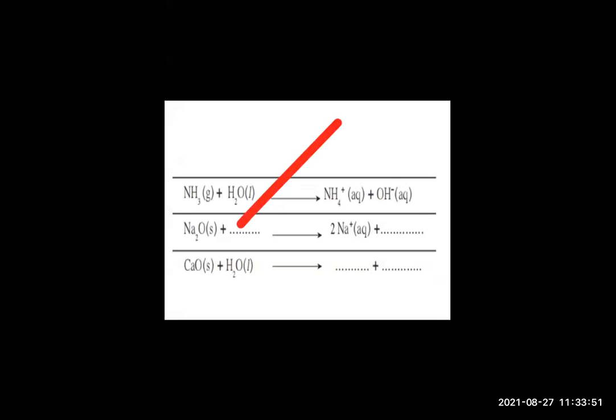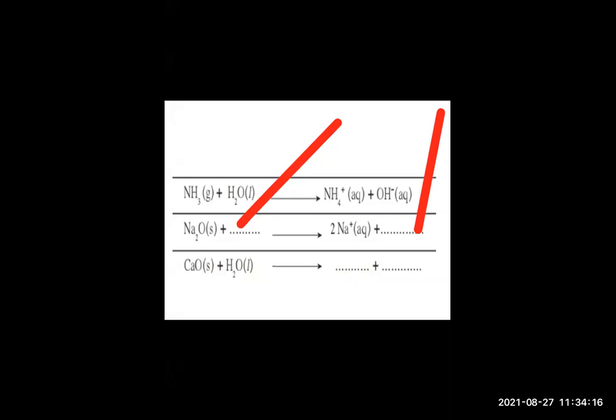So all of you write down in your notebook: Na2O plus H2O gives 2Na plus, and what is remaining here is 2OH minus. So in this blank you can write 2OH minus, and in brackets aqueous, that is 2 hydroxyl ions.